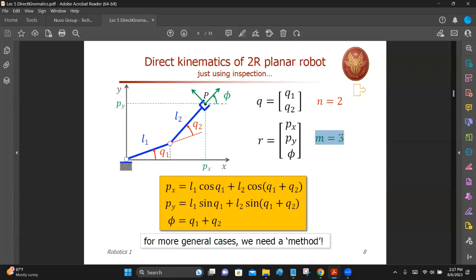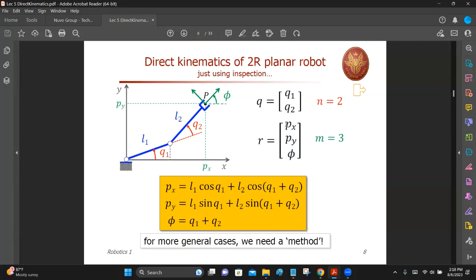This m is actually 2, not 3, because px, py, and phi are not independent. You cannot have px and py and an independent angle phi, because the moment you fix px, py, you decide what phi is. It can have more than one solution, but it is defined. You cannot have arbitrary phi with arbitrary px, py.